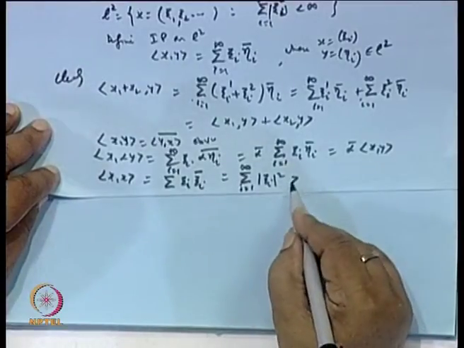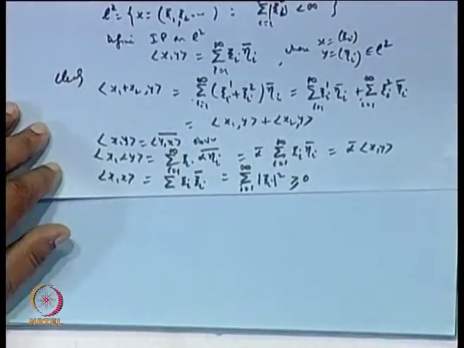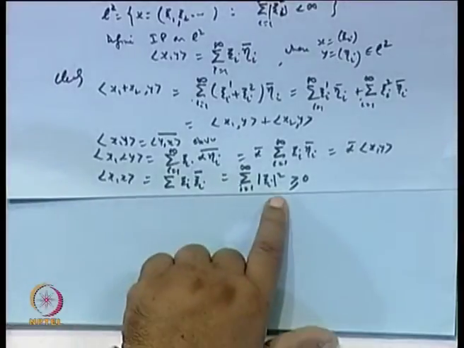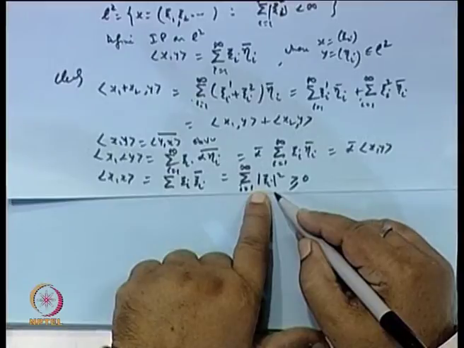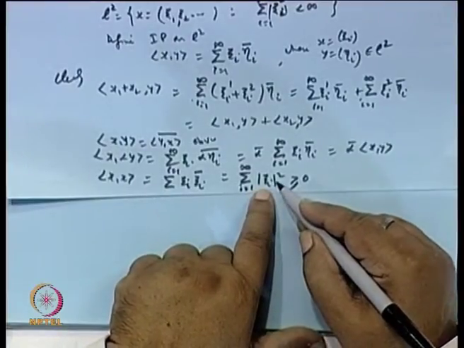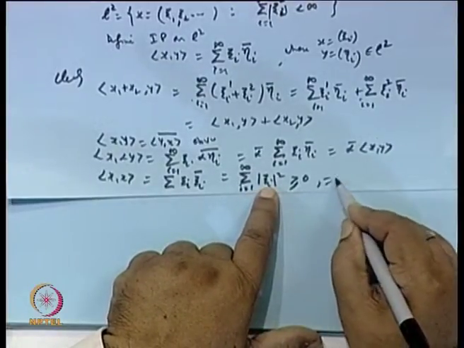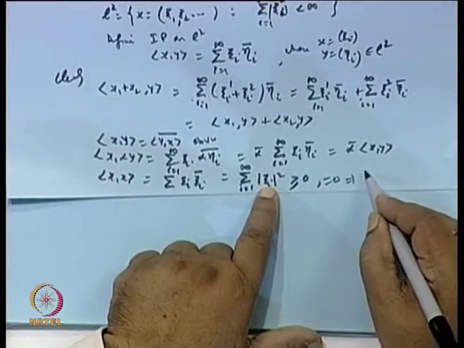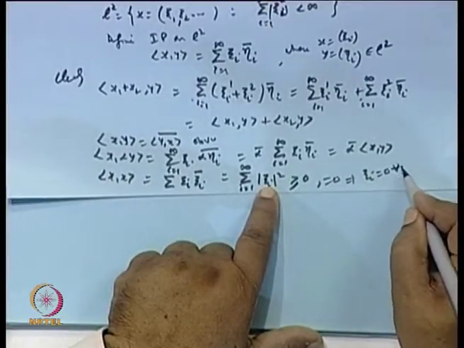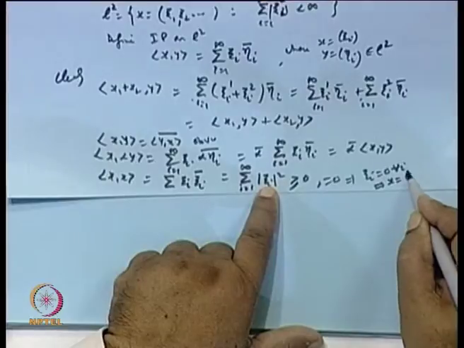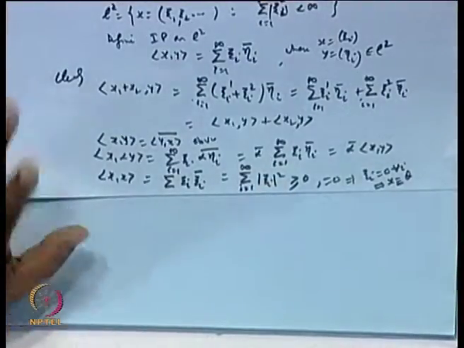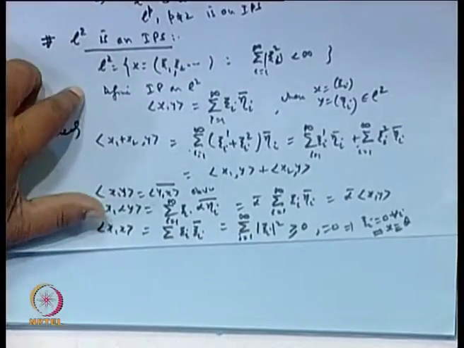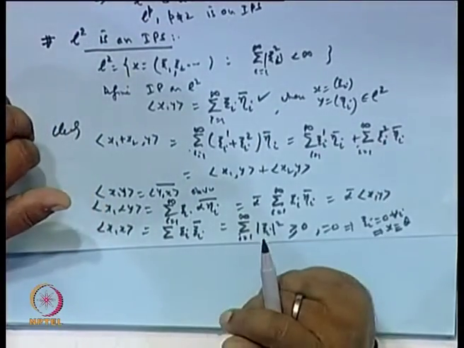Now, this is positive, and if it is 0, then each of these must be 0, but each one is non-negative. So, individually 0, so equal to 0 implies that xi i will be 0 for each i. This implies x must be identically the zero function. Okay. So, it means this is an inner product space under this inner product.